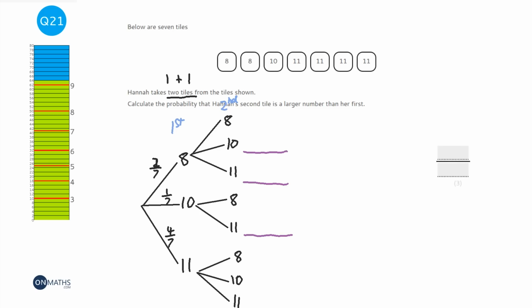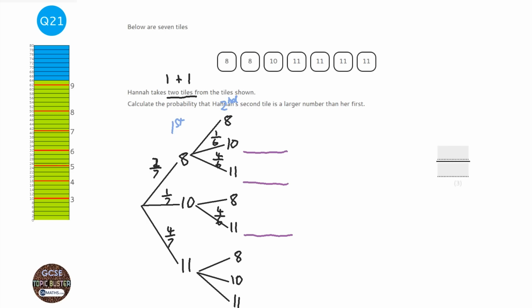Next, if you picked an 8, then there's only 6 left, and there's 1 10. So that's going to be 1 over 6. And I'm only going to be working out the fractions of the ones I'm interested in. So 8 and then 11. If you picked an 8, there's still 4 11s left, but there's only 6 tiles. And finally, if you pick a 10, then there are 4 11s still, and there's 6 in total.